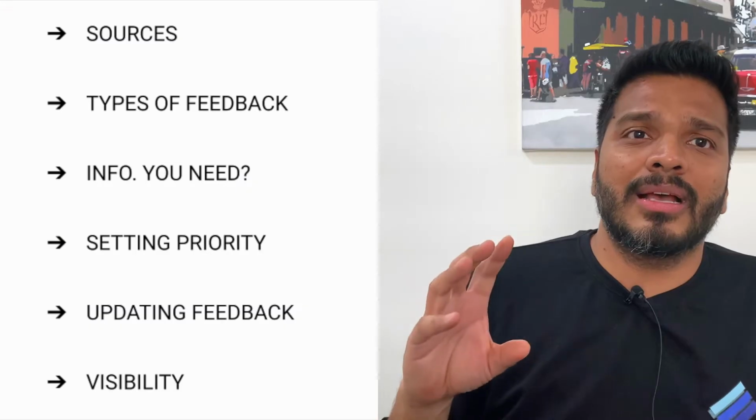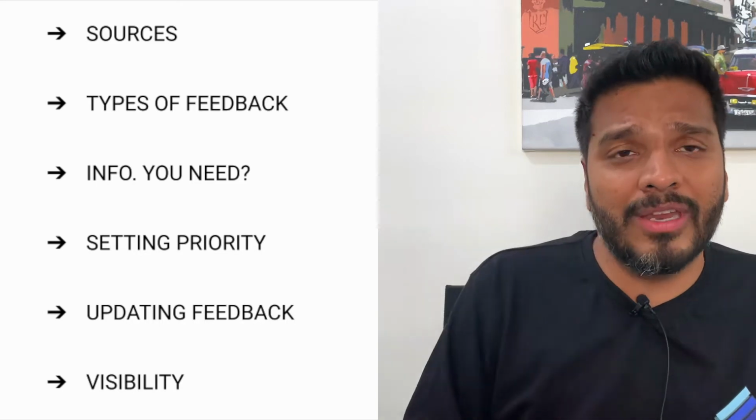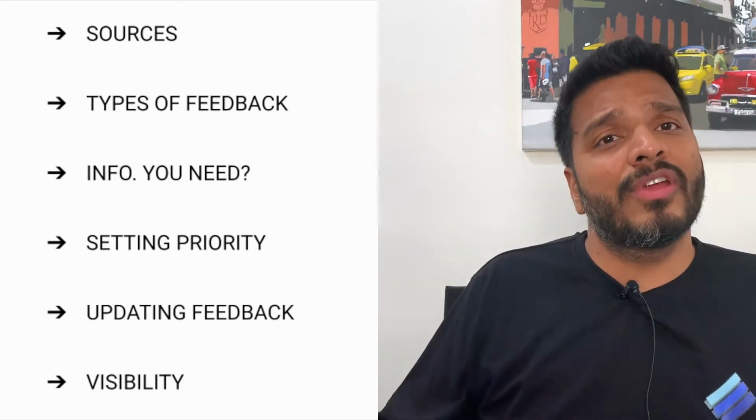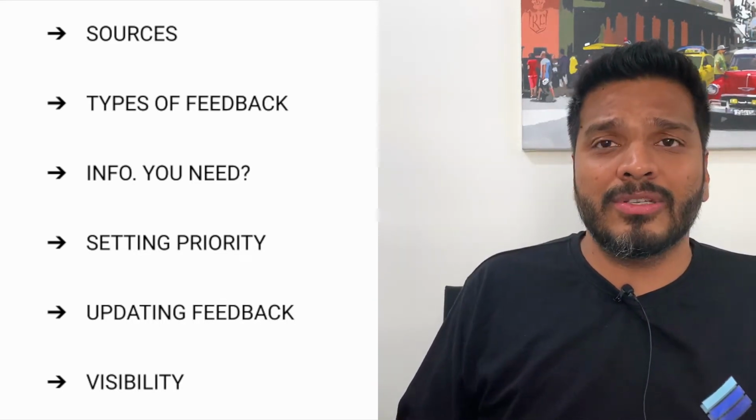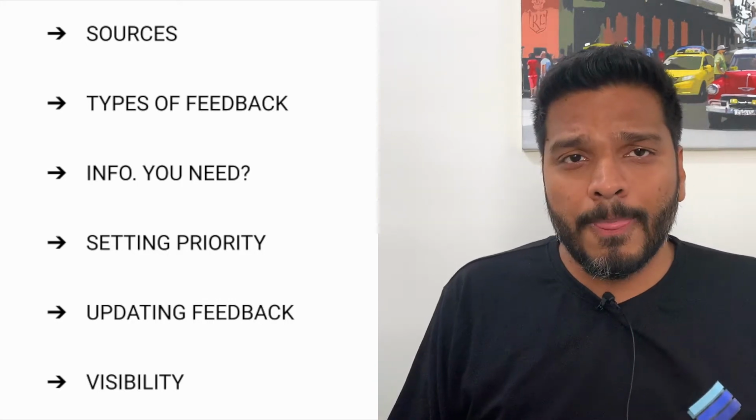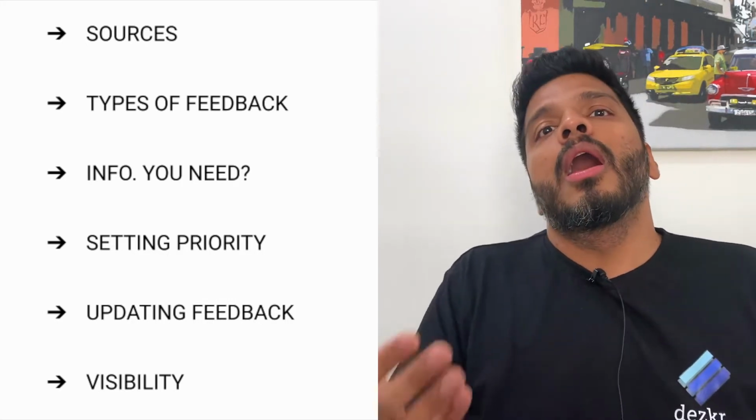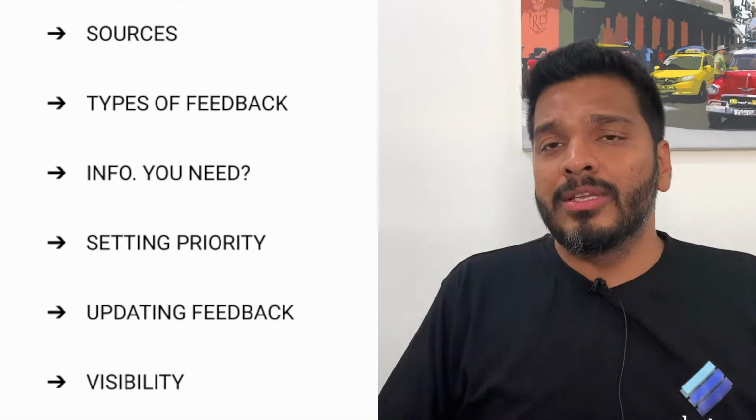In order to help you build your feedback process, we're going to go over a few things. First is we're going to discuss the key sources from where you will get feedback. The different types of feedback that I've seen customers and stakeholders give. The information product managers need to collect.